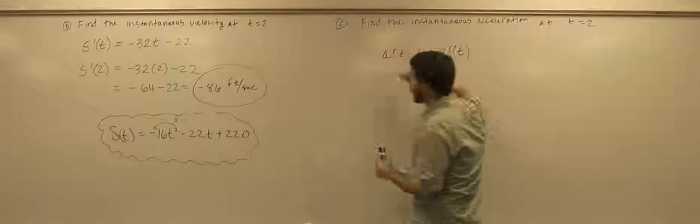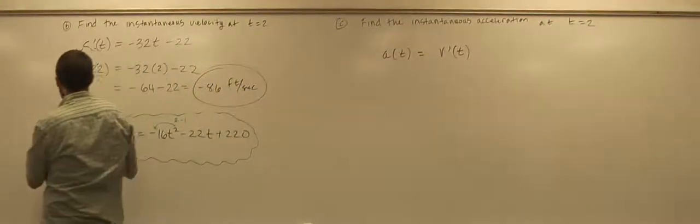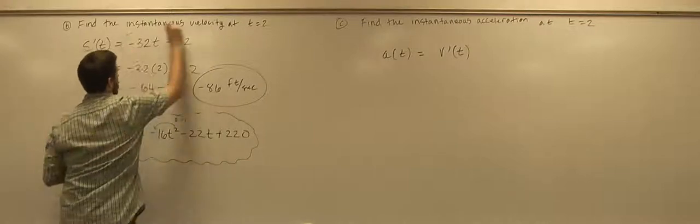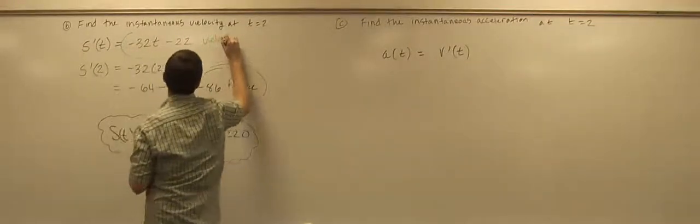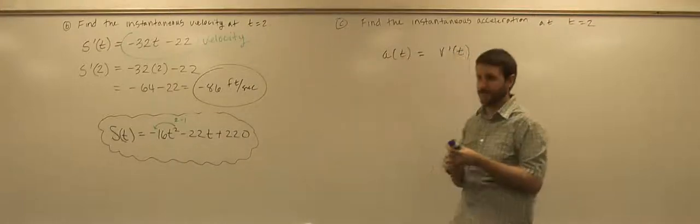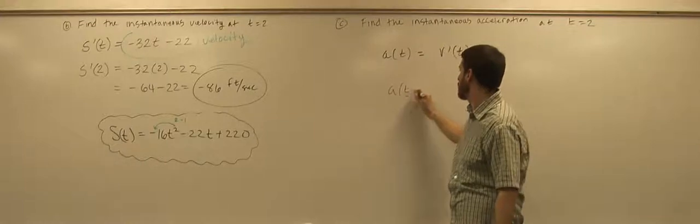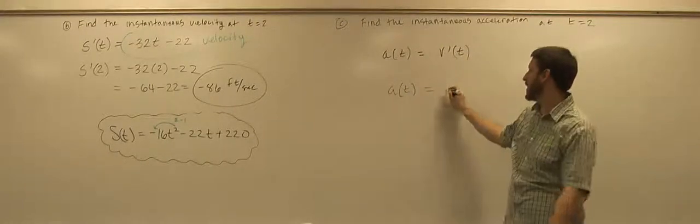Yeah, so to actually find the acceleration, you take this velocity, this instantaneous velocity function, and take the derivative. The derivative of the derivative, that's correct. So a of t will equal negative 32.